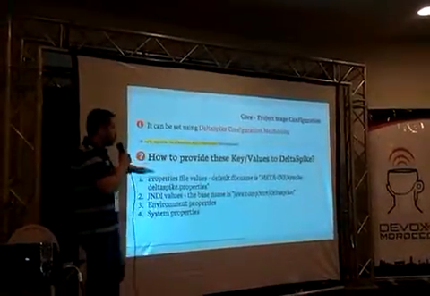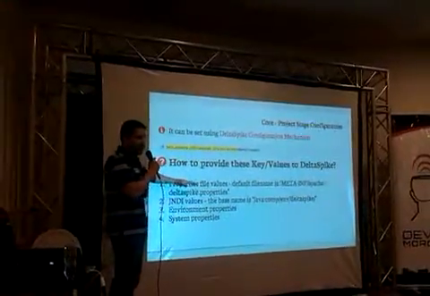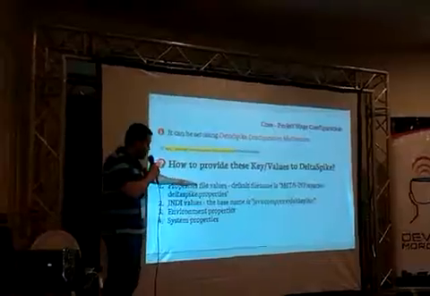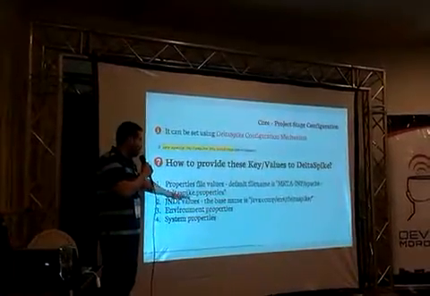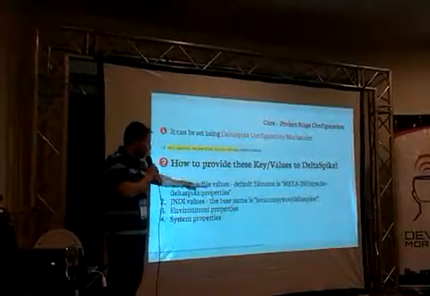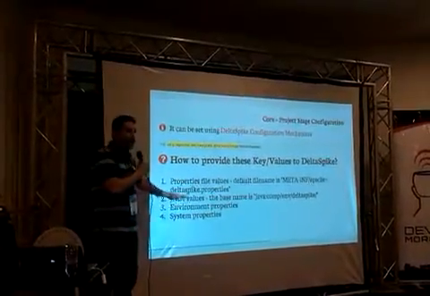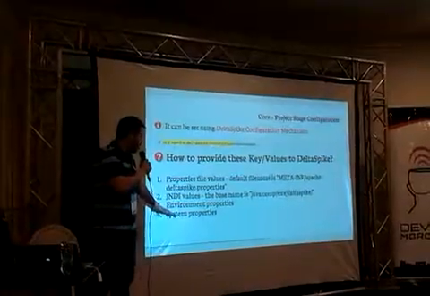If DeltaSpike doesn't find the configuration in this file, it will look on a JNDI in the following path. If it doesn't find the value there, it will look for environment variables, and if it doesn't find it there, it will look on the system properties.